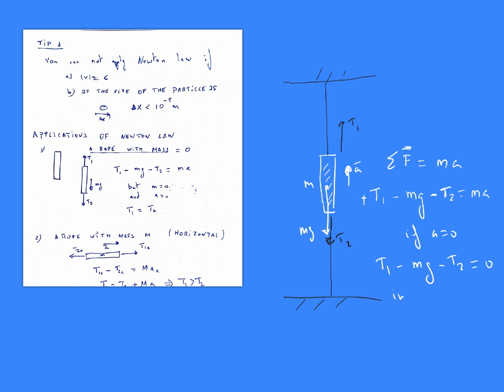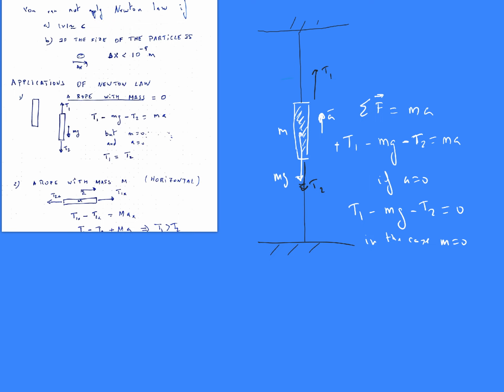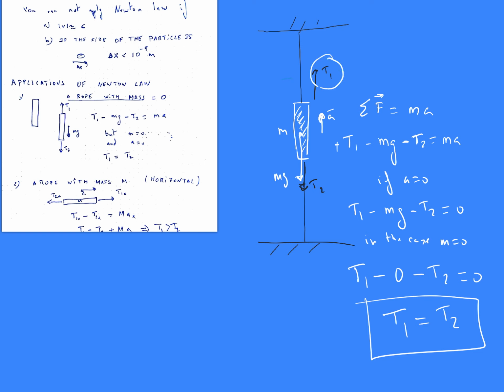And in the case that the rope has mass 0, so this rope has a very, very light mass, T1 minus 0 minus T2 equals 0, and you get to the conclusion that T1 equals T2. So for ropes that are very light, the magnitude of T1 is equal to the magnitude of T2. This is the first example.